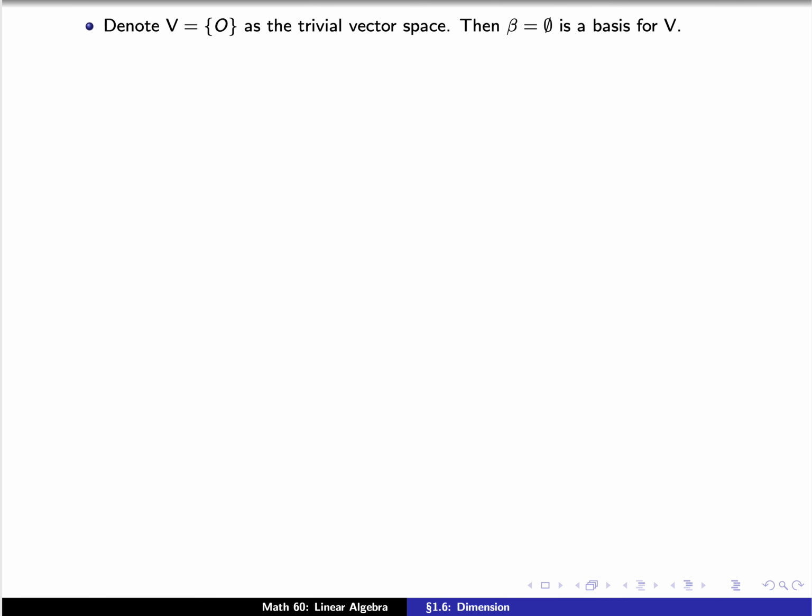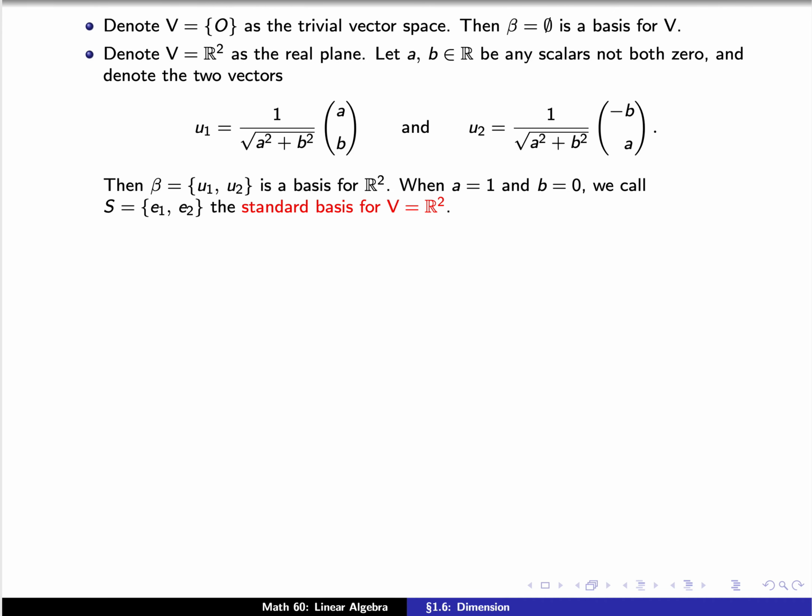Last time we found lots of examples of bases. If V is the trivial vector space, then the empty set is a basis for V. Let's consider the case where V is R2, namely the real plane. Given any two real numbers A and B not zero, we can define the vectors U1 and U2 that you see here on your screen.